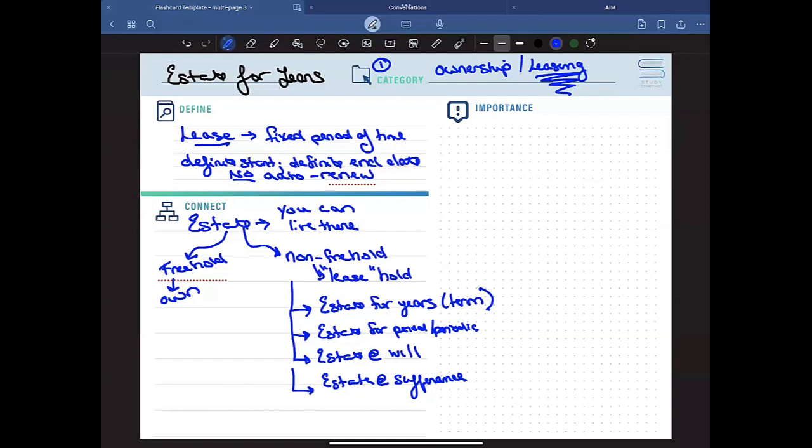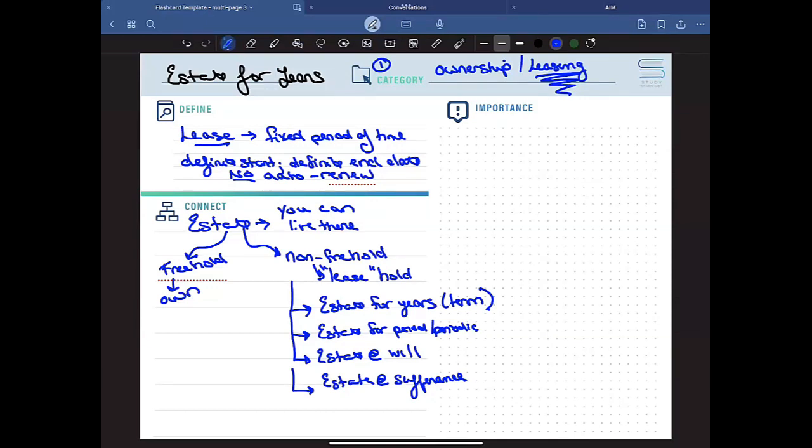All right. So yes, an estate for years has no automatic renewal. The estate from period to period is different because it would automatically renew at the end of the period. Have you ever rented an apartment where they say, hey, your lease is coming to an end, you've been here for a year, and unless you tell us you're going to move out, we're just going to put you in next year's lease?